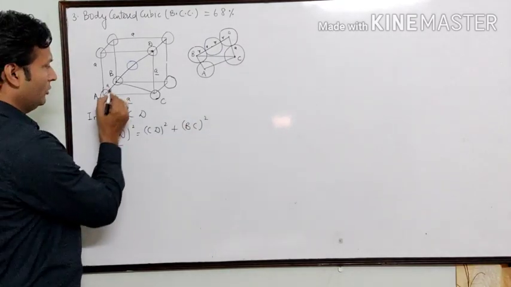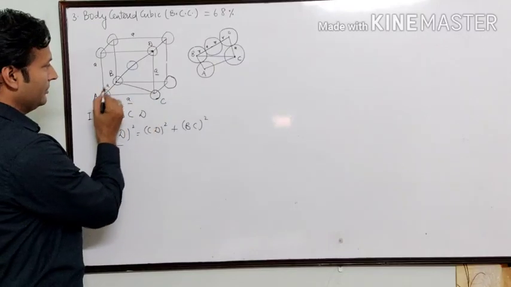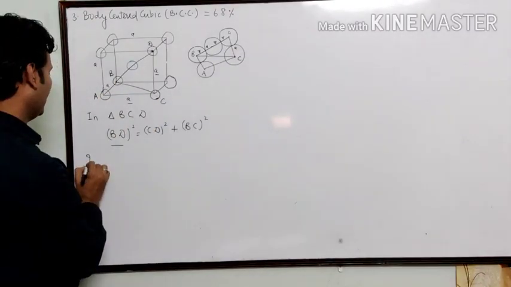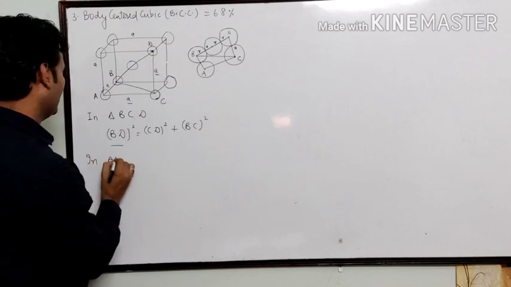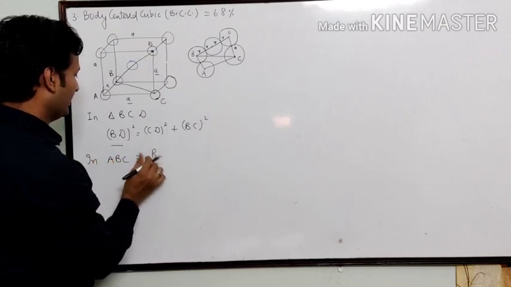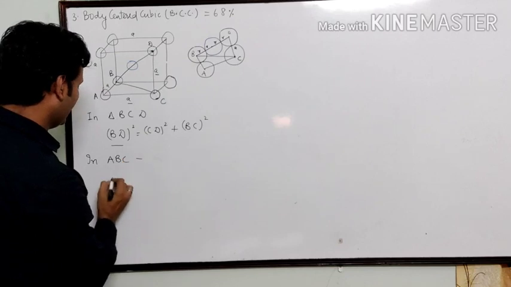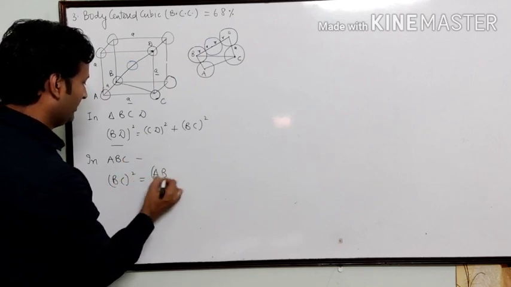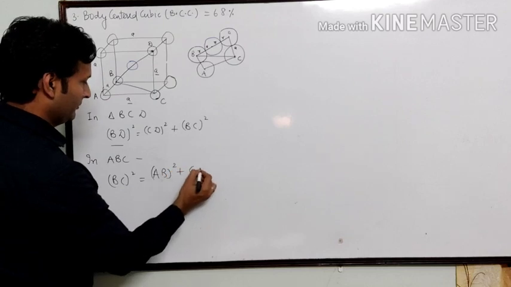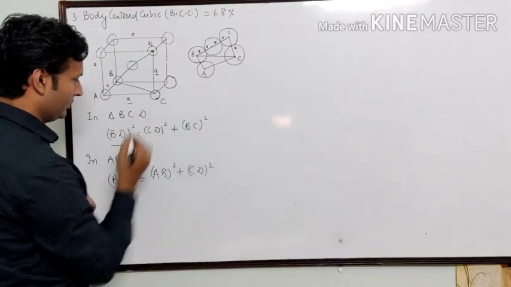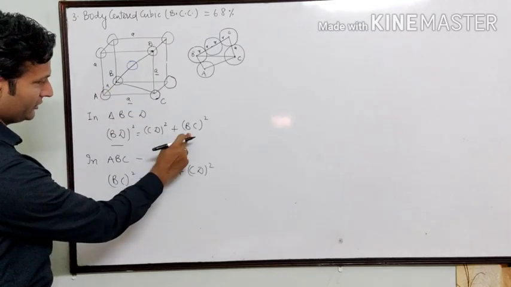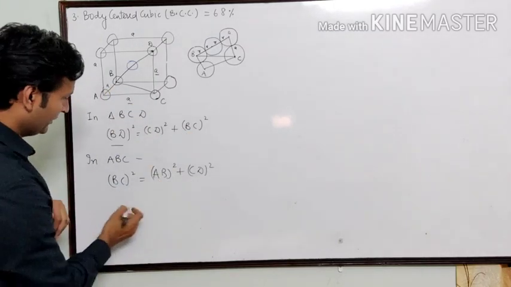Now according to triangle ABC, it is clearly seen that according to the Pythagoras equation, BC square is equal to AB square plus AC square.